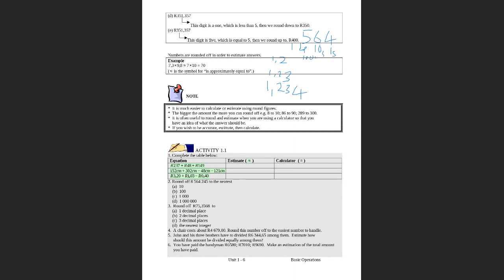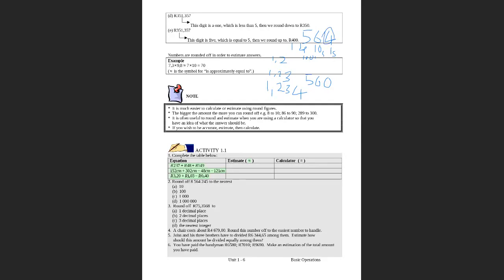Now, if I say write 564 to the nearest 10, it's going to be 560, because you just change the ones digit to 0.